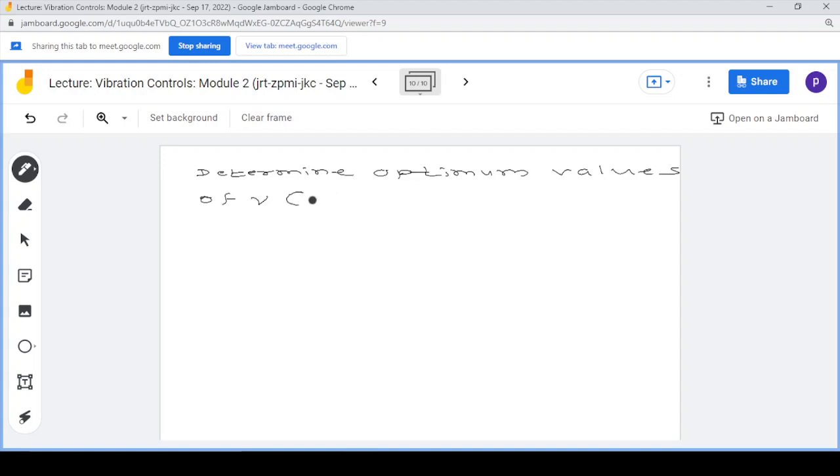What is nu? It is a tuning ratio, right? It is a non-dimensional tuning ratio, and we know that this nu is dependent upon omega A and omega O, right? And determine the optimum values of nu and n2 omega.